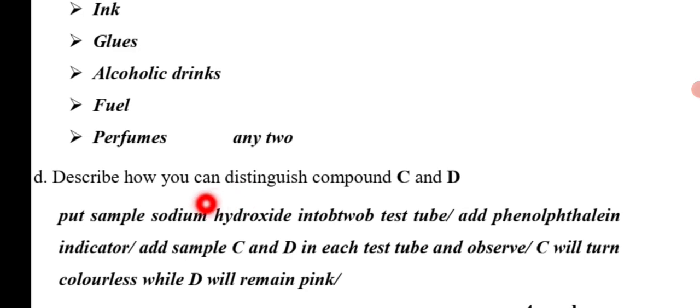Put a sample of sodium hydroxide into a test tube. That's 1 mark. Then add the phenolphthalein indicator to it, another mark. Then add samples C and D separately, not at the same time, in each test tube and observe. That's 1 mark again. C, which is an acid, will turn colorless, while D will remain pink.